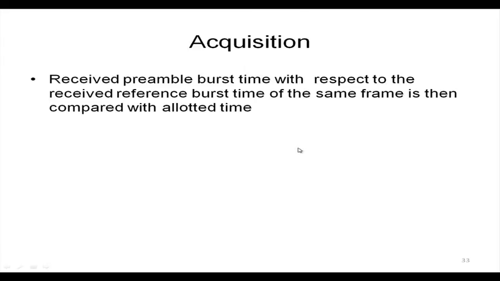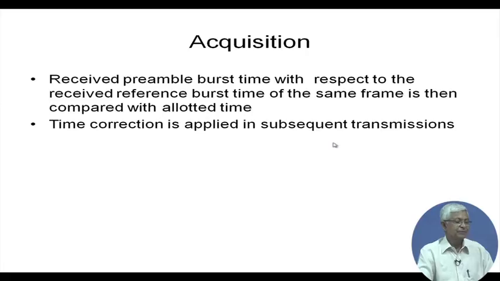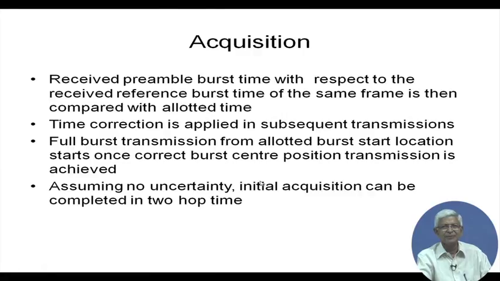If there is an error, the time correction is applied in the subsequent transmissions. A full burst transmission with the actual data from the allotted burst location starts once the correct burst center position transmission is achieved, and it can be achieved very fast.